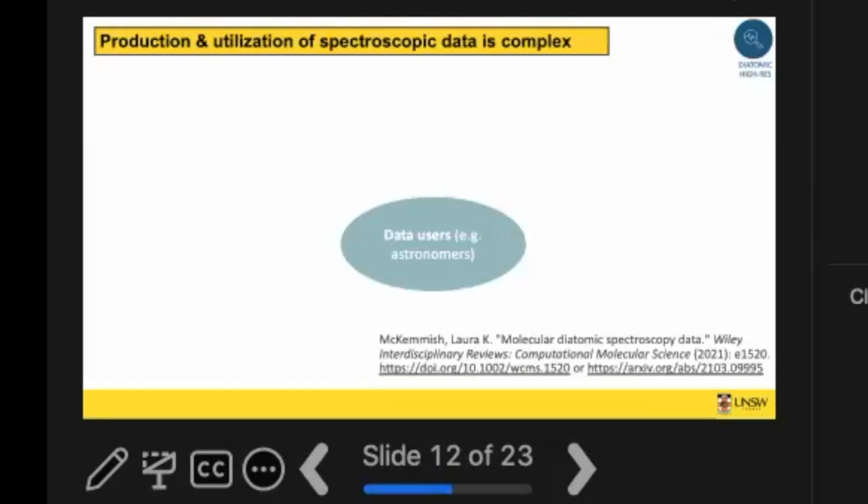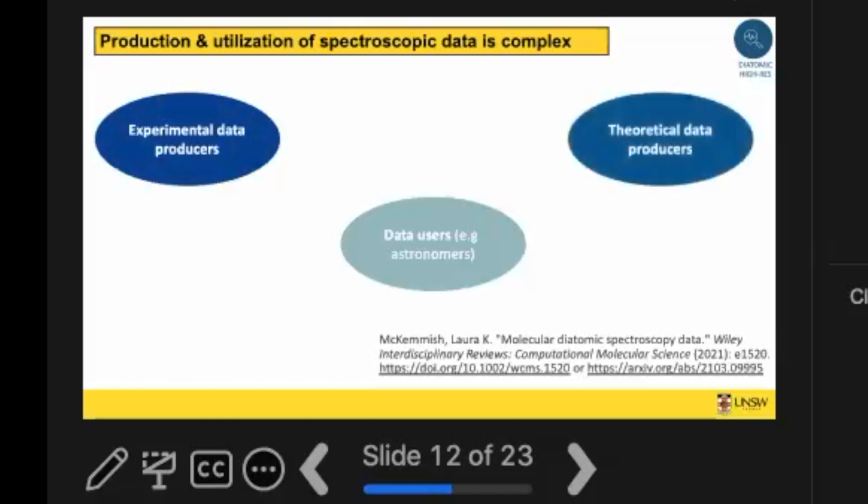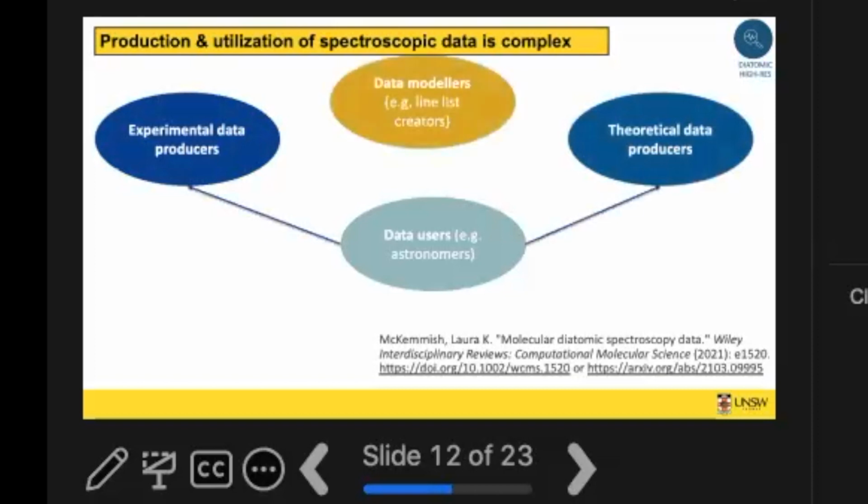Well, you've got the data users, astronomers. You've got the experimental data producers, the spectroscopists in the lab doing lasers. You've got the theoretical data producers, those doing quantum chemistry, simulating the model space. And then you've got a lot of interplay between them, and I would consider myself primarily a data modeler.